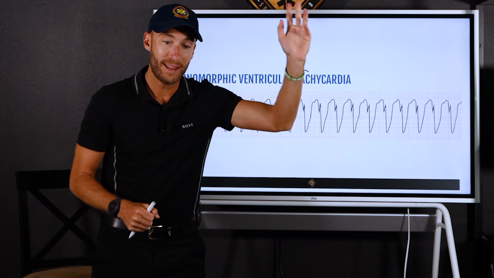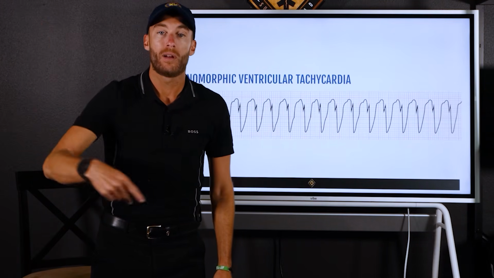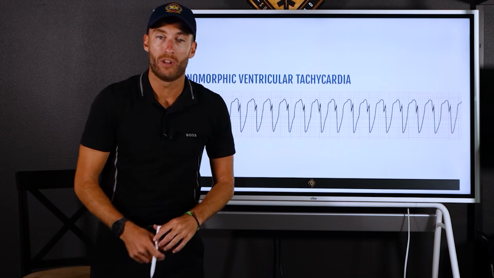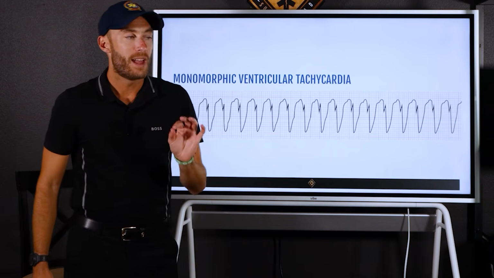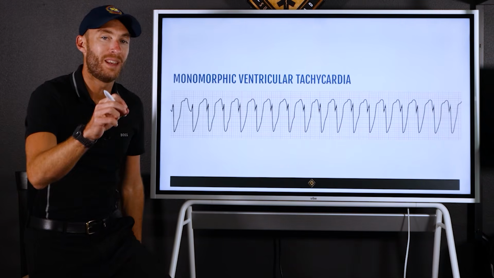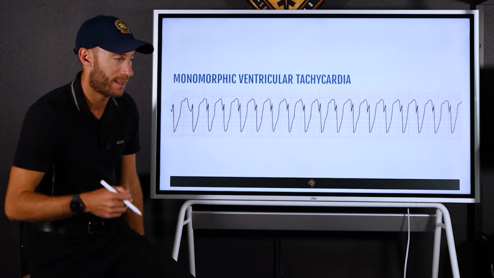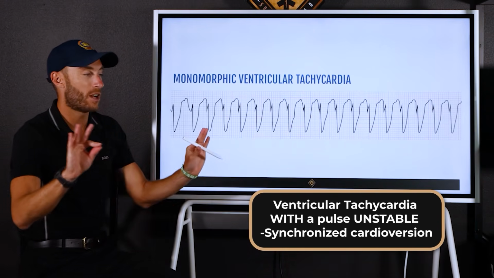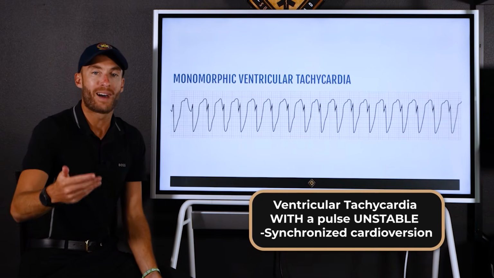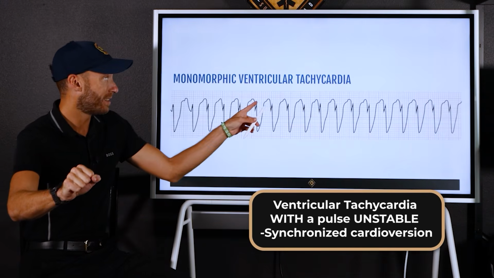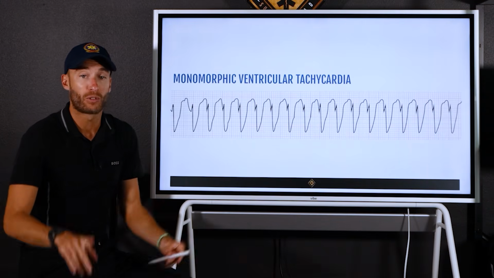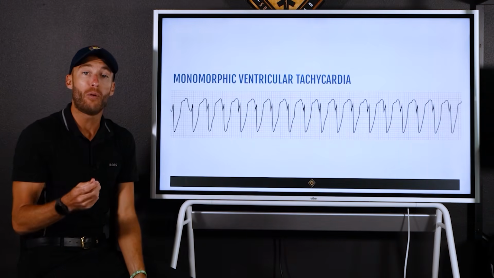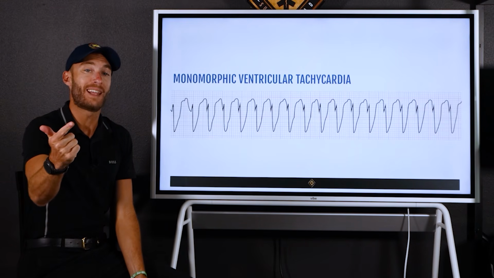Stable, meds. Unstable, that is your energy, but different energy. If someone has a pulse, we never defibrillate them. It's going to be a synchronized cardioversion, a synchronized shock. Again, it would be about 100 joules for ventricular tachycardia if they're unstable. Why are they unstable? Blood pressure, mental status.